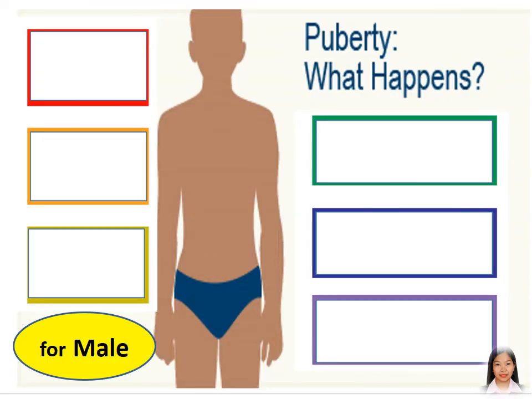Now look at the following images of a boy and a girl during puberty stage. Fill each box with the changes that occur during their age of puberty. I will just give you 5 minutes to answer and fill each box with the changes that will happen in their body. Is the direction clear, children?